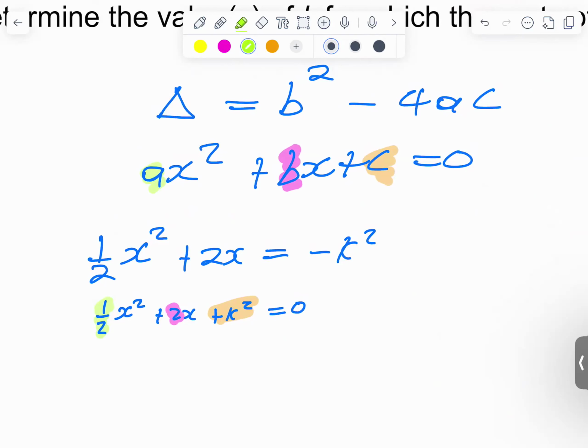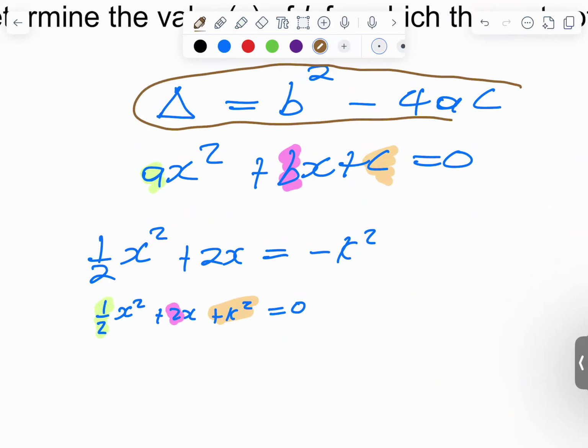I'm going to use this equation over here to find my delta.